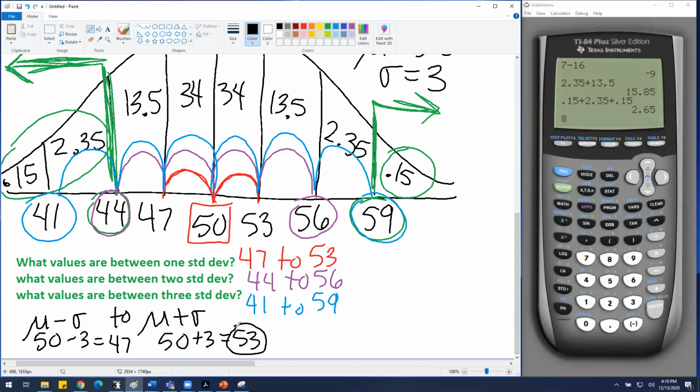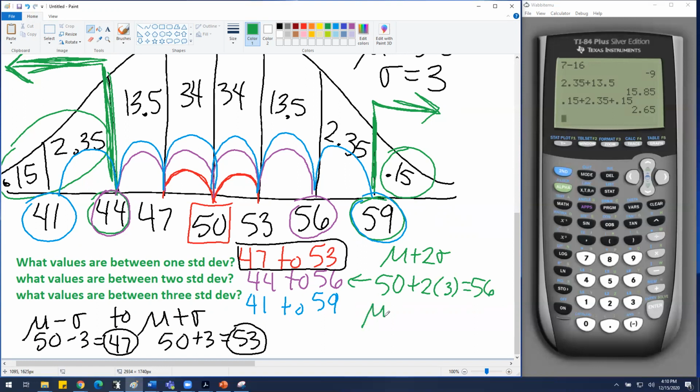And these numbers match the values we had on our picture. You do the same thing with 2 standard deviations. You take the mean plus 2 standard deviations. That's where 56 came from. And the mean minus 2 standard deviations. That's where 44 came from.